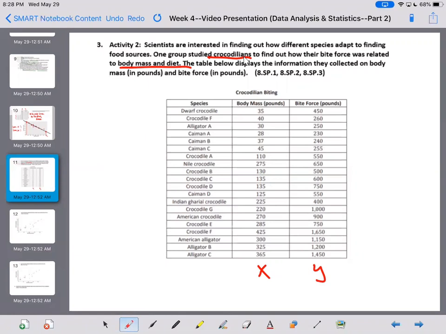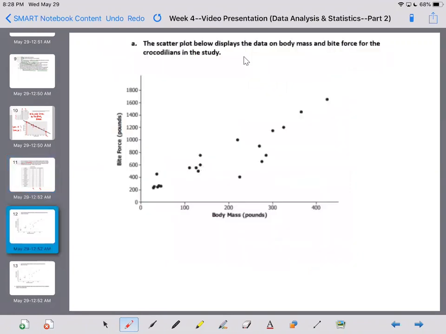This is not in any typical order, but what the next screen will show is what this would look like on a graph. So body mass is your X and bite force is your Y.